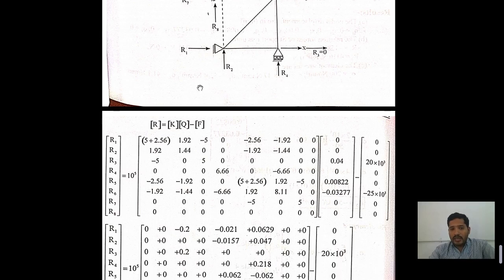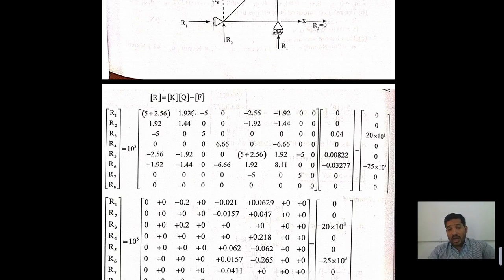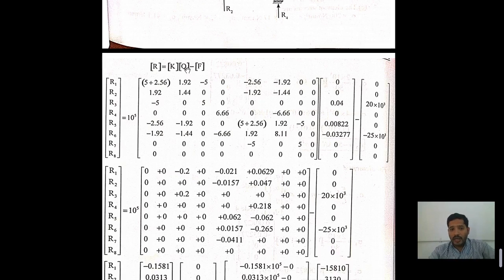Clear? The same formula: the normal reaction R equals the global stiffness matrix times the nodal displacement minus the nodal force. Clear? The same matrix, the above matrix K value you have to draw here. After that the nodal displacement is Q1, Q2, Q3, Q4, Q5, Q6, Q7, Q8, you need to substitute the values, minus the nodal force F1, F2, F3, F4, F5, F6, F7 and F8.